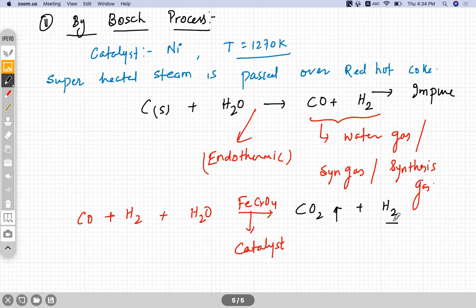Done. So the catalyst for Bosch process is nickel. It's not iron chromate. That we use to oxidize CO into CO2. Ni we use in the first step here.